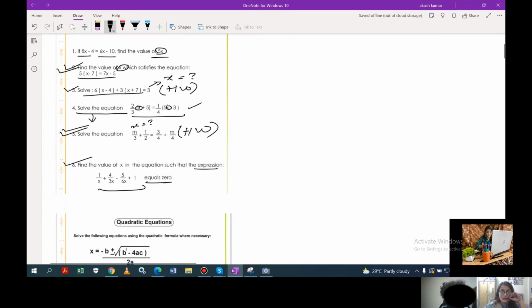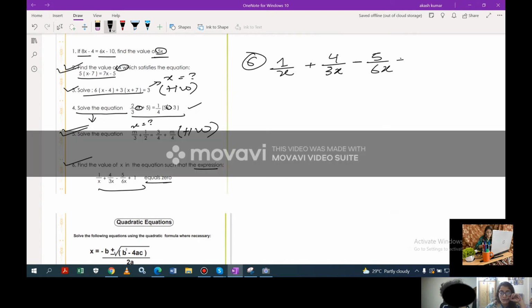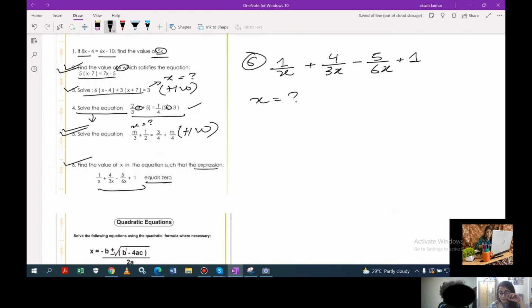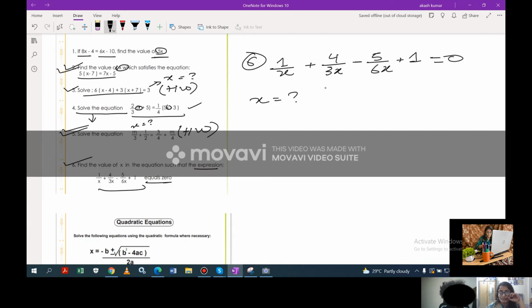So we start solving question number 6, which is 1 over x plus 4 over 3x minus 5 over 6x plus 1, and it is asked that we find the value of x such that the expression equals 0. Is it clear? Okay.